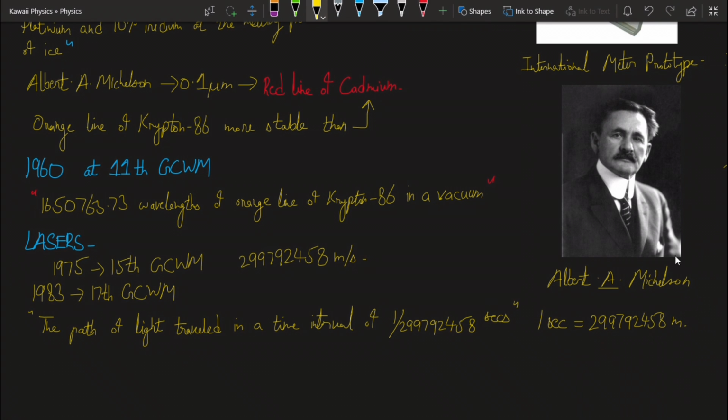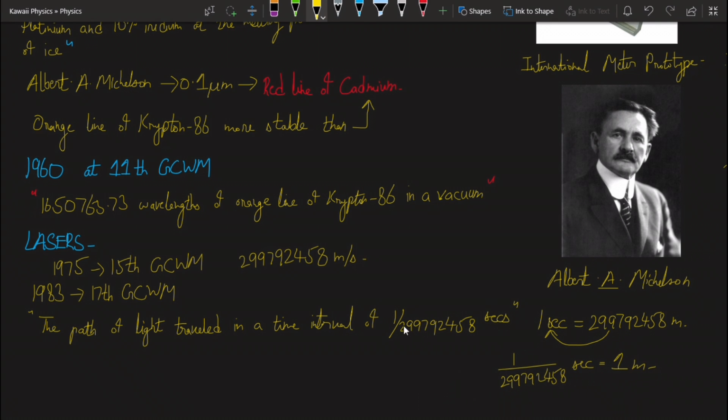Now, to get 1 meter, you just have to divide this value by 299792458, and this becomes 1 by 299792458 second, and the other side becomes 1 meter.